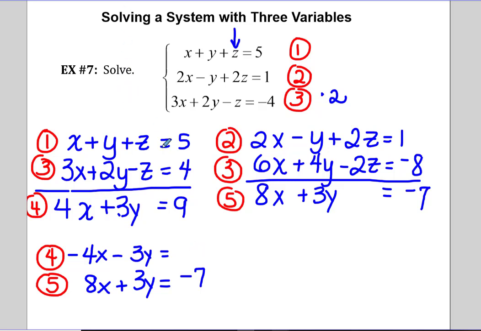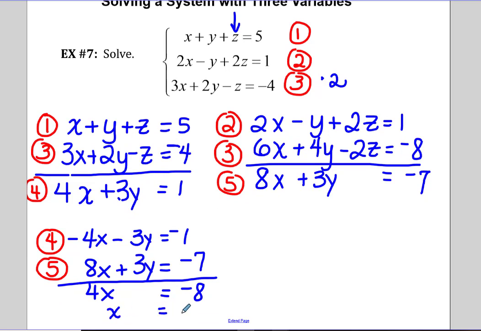Oh wait, I messed up on this. I missed that negative right there. Don't let me get away with that. Equals 1, -1. So we have 4x is -8. So x gives me -2.